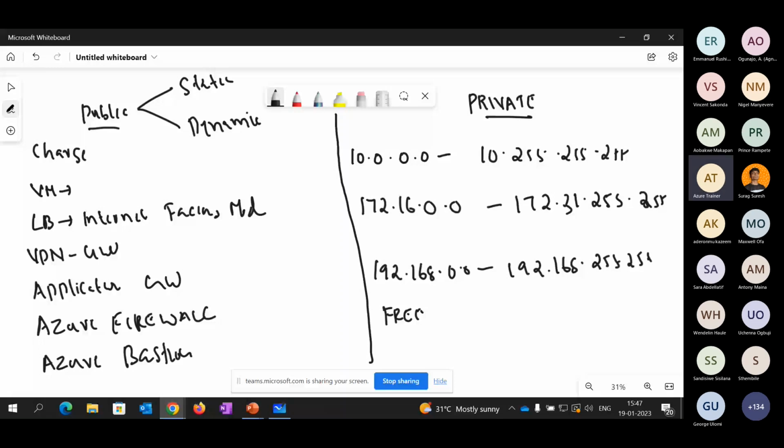Any questions? We have another question on the chat: can we assign a public IP address to a storage account? In case you have configured a storage account, there are different modes we can use. We can configure a static IP address for your storage.